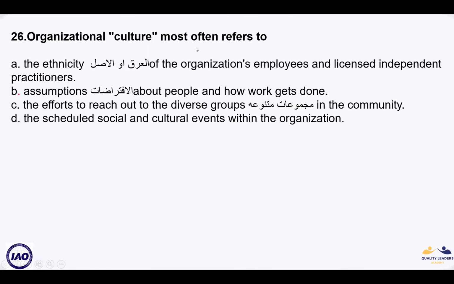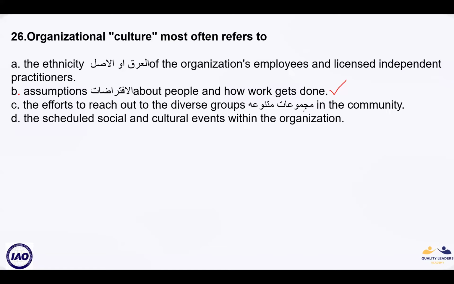Now, what is organizational culture? Option A, ethnicity of the organization's employees and licensed practitioners. No, because ethnicity of employees is more of diversity. It's not organizational culture. Option B, assumptions about people and how work gets done. Yes, this is the nearest definition.